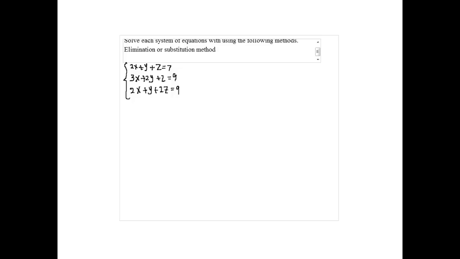Solve each system of equations using the following methods: elimination or substitution method. We are going to use the elimination method. First, we're going to multiply the top row by -1.